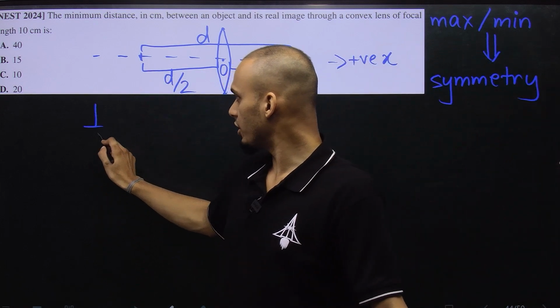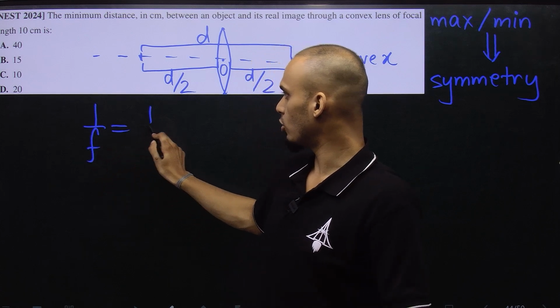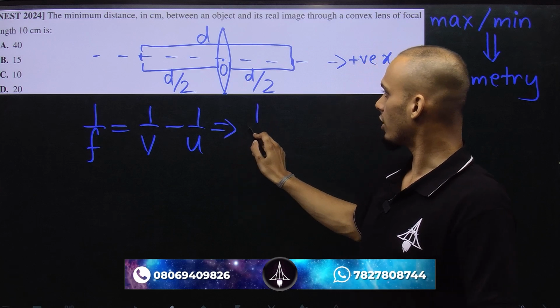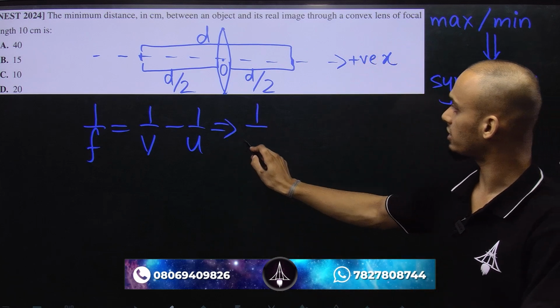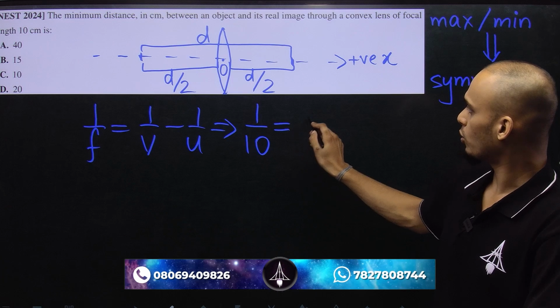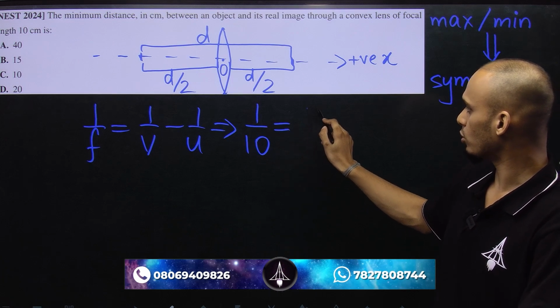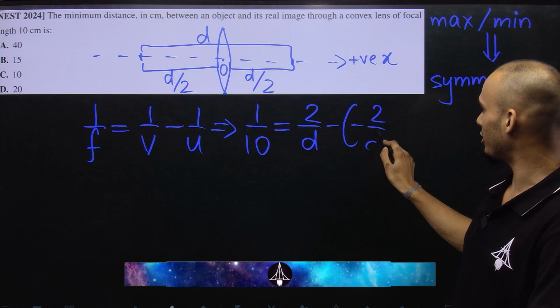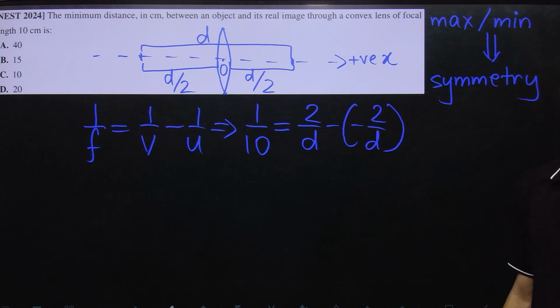So, in the lens formula, 1 upon f is equal to 1 upon v minus 1 upon u, that is 1 upon focal length given to us is 10, should be equal to 1 upon v, which is d by 2, so 2 by d, minus of minus 2 by d, because object distance is negative.